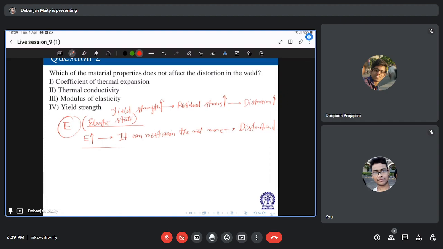So higher the coefficient of thermal expansion, the more the material is going to expand or contract for a given temperature change, right? So higher CTE, higher distortion susceptibility. Agreed?